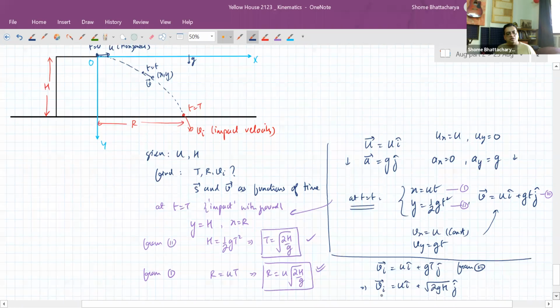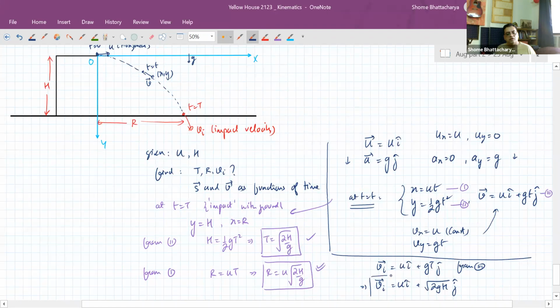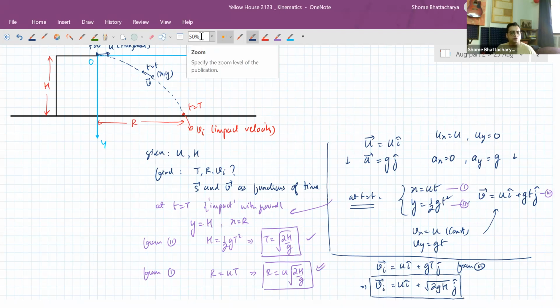So when it impacts the ground, it will have a vertically downward component of root 2gH, and the horizontal component u that remains constant throughout.